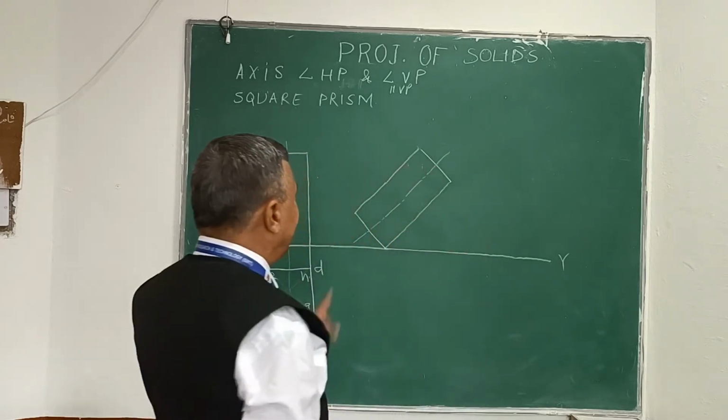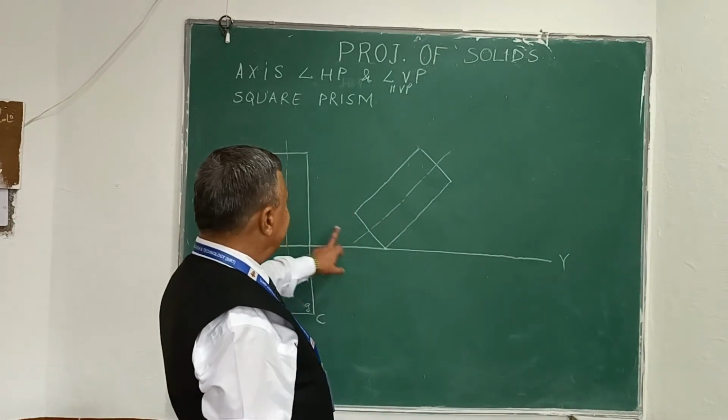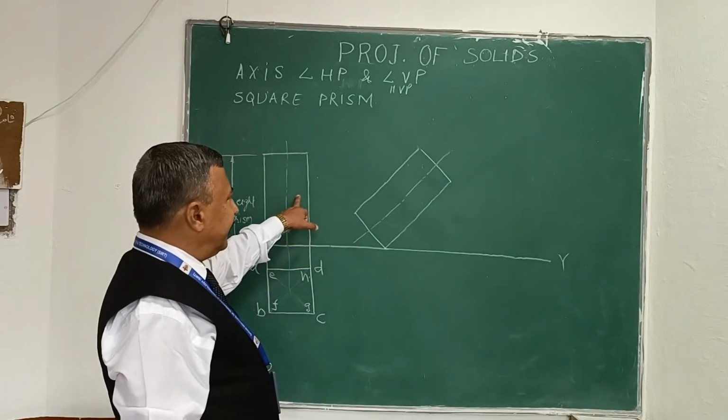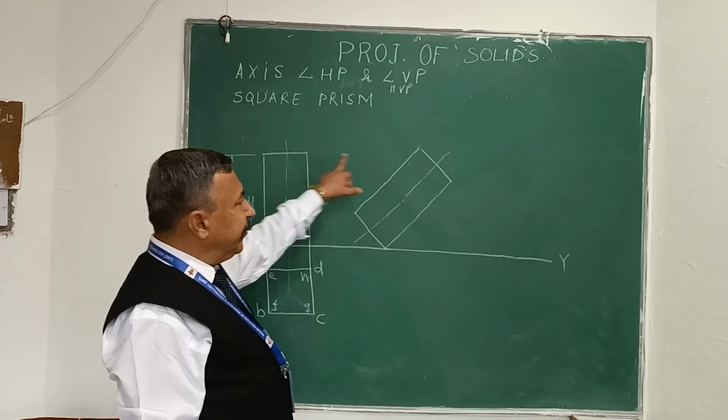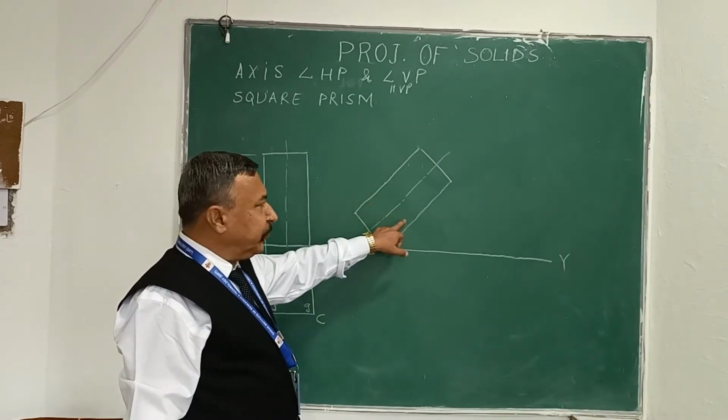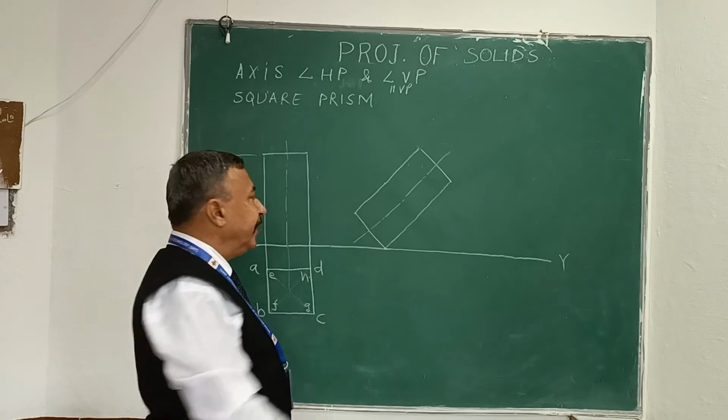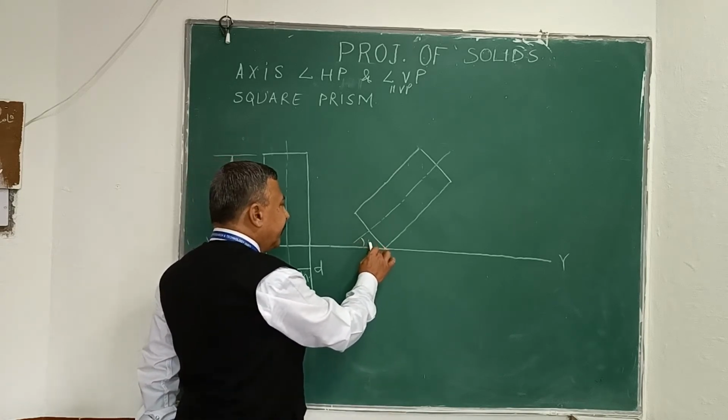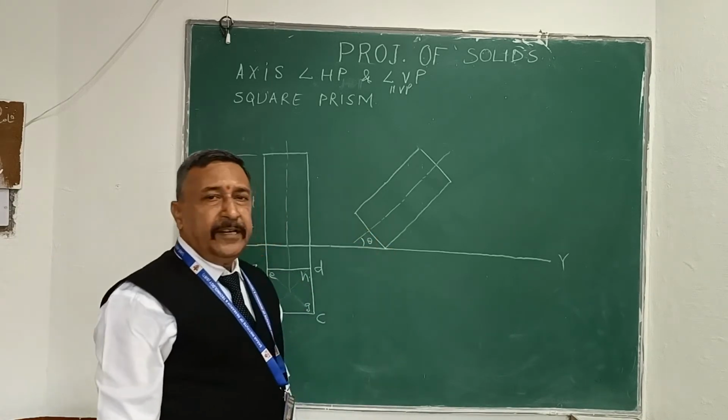This is the position of axis, and this axis, perpendicular to HP, we incline it. So this position is axis inclined to HP. We can show here the inclination, whatever it be.